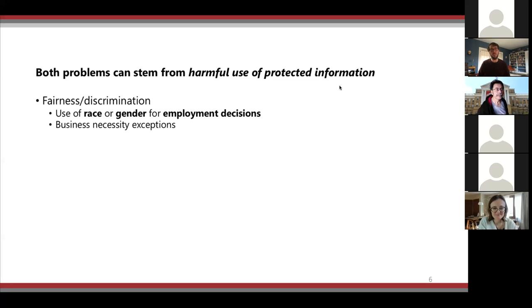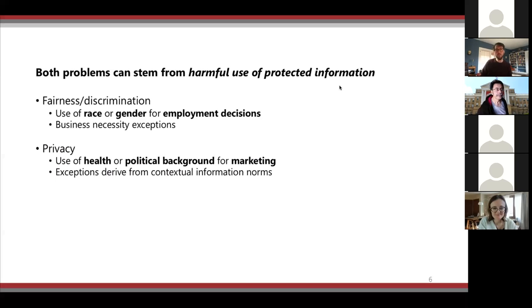And I think one of the attractive features of this view of fairness as harmful use of protected information is that the techniques that we have to unearth it might give us a means to identify when the use of race for an employment decision meets the criteria of being a business necessity exception. Right? Similarly, when it comes to privacy, we might think of using health or political background for marketing, right?